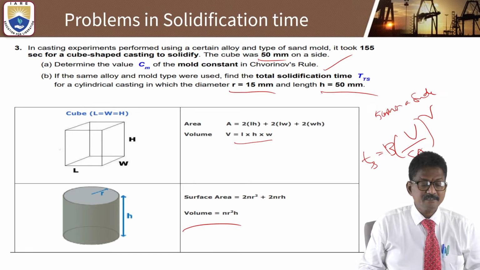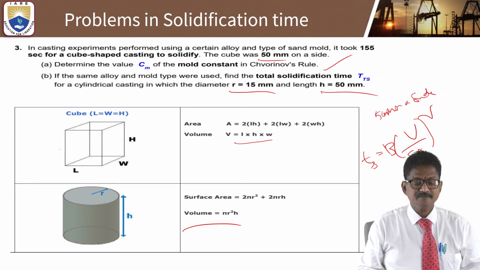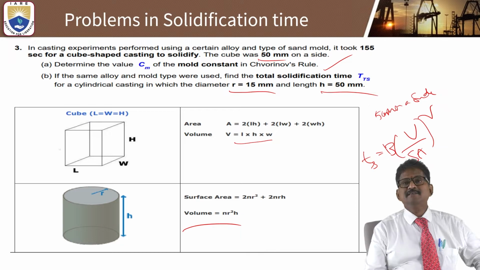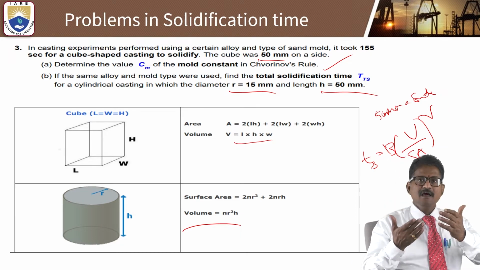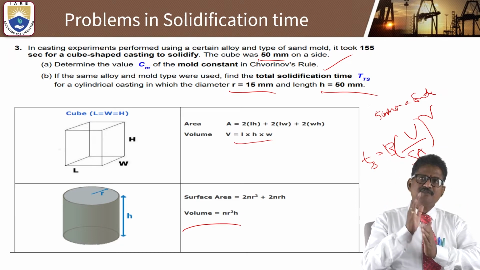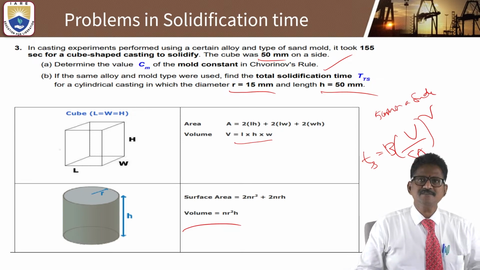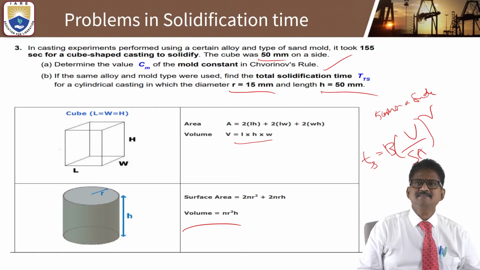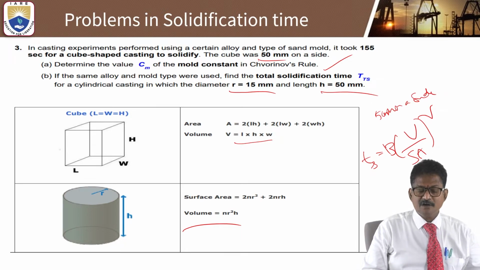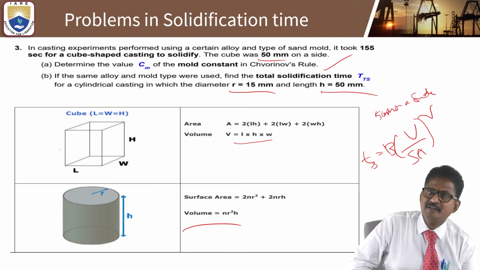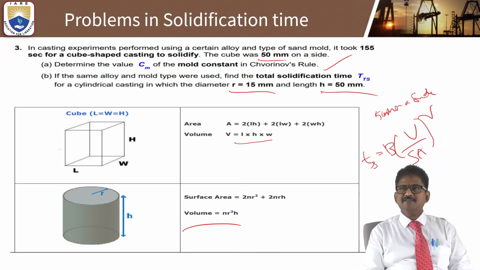Apart from that, determine the value of Cm, the mold constant in Chvorinov's rule. With the same alloy and mold type, find the solidification time for a cylindrical casting in which the diameter is 15 mm and the length is 50 mm.